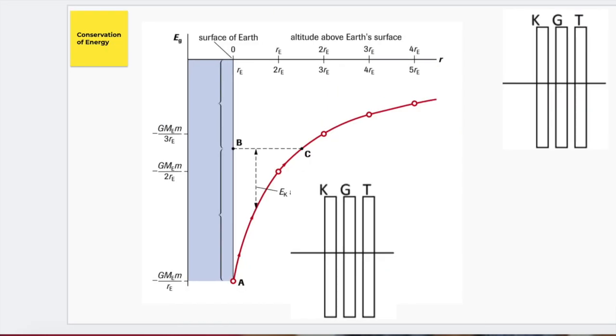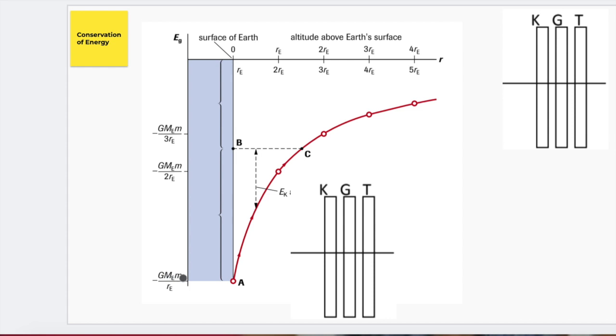Okay, so I want to bring this back to the idea of the law of conservation of energy. Let's say, for the sake of argument, I have an object at the surface of the Earth. My object starts here at point A. Let's say this is something like a rocket. What this graph is telling me is that my gravitational potential energy will be this.